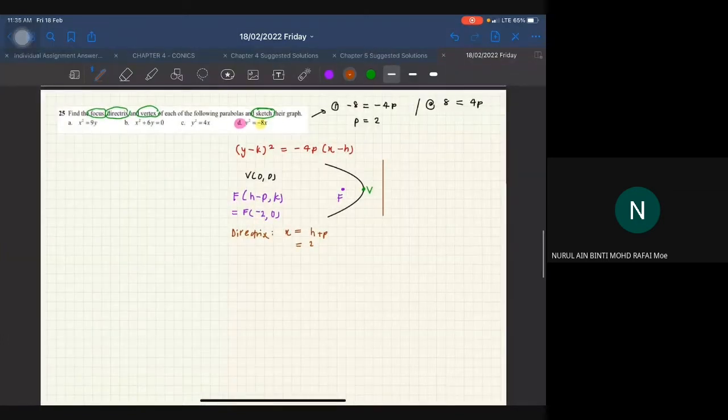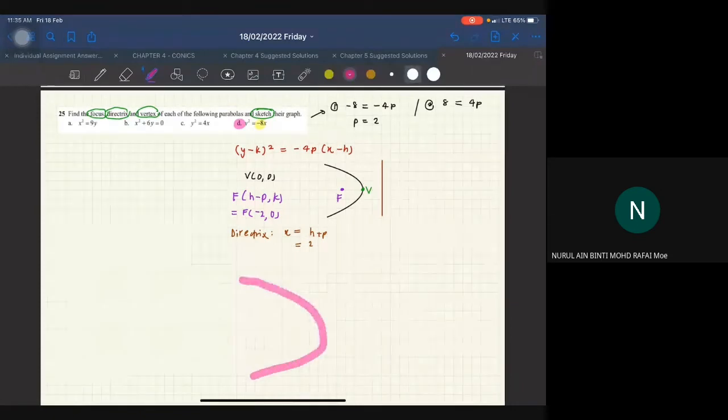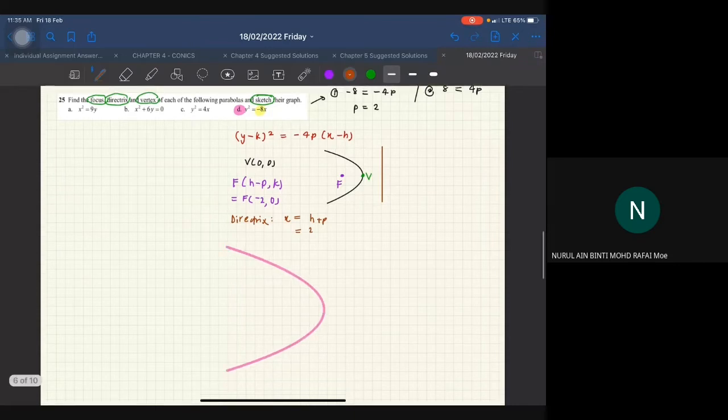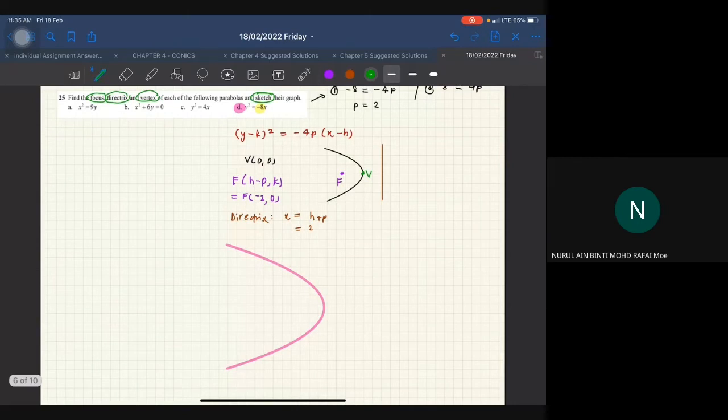Yang cantik-cantik. Okay, so this is my graph. Besar. Lebih kurang. Alright, and then my vertex is here.